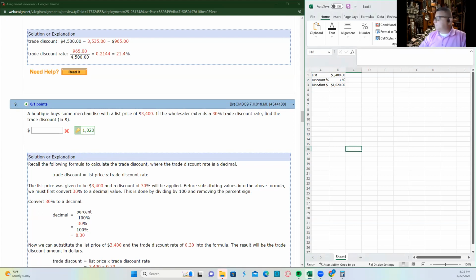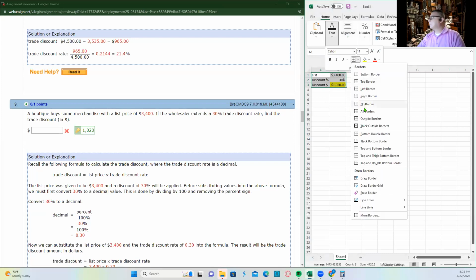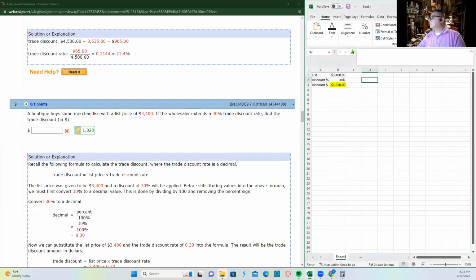All right, so now that we've set this all up, all we have to do is put in any number. I'm going to highlight this one just so we know that we're not going to put anything in here. This is where we're going to find our answer. These other two numbers, anytime I put any numbers in here, it goes ahead and figures it for me.